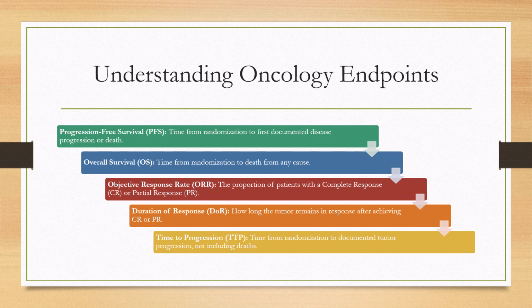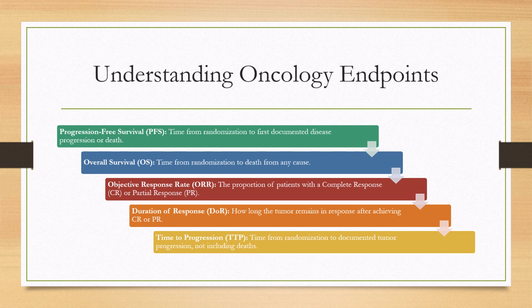The next is the objective response rate, also known as the ORR. The normal definition of this will be the proportion of patients with a complete response or a partial response. The objective response rate measures the percentage of patients in a clinical trial whose tumor shrank or disappeared after receiving a treatment.